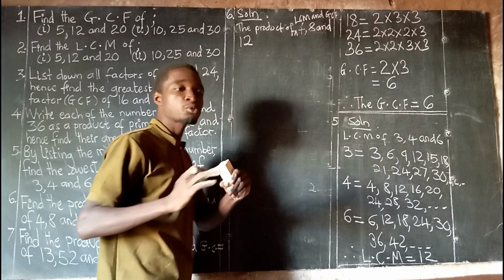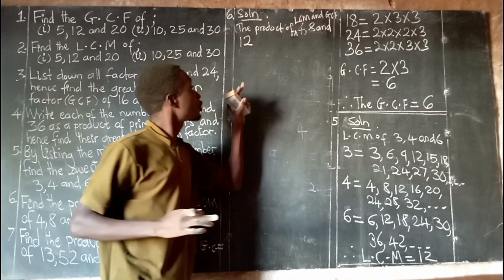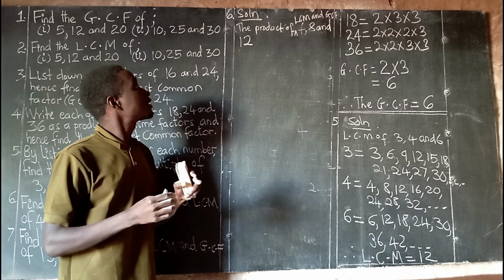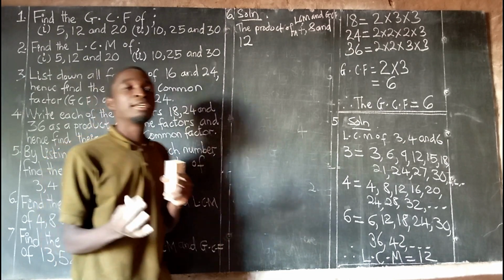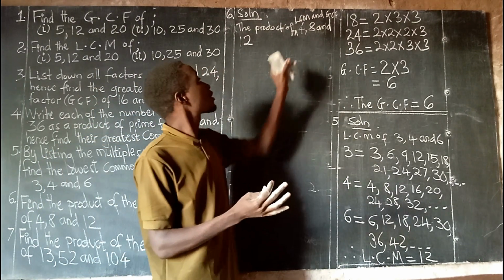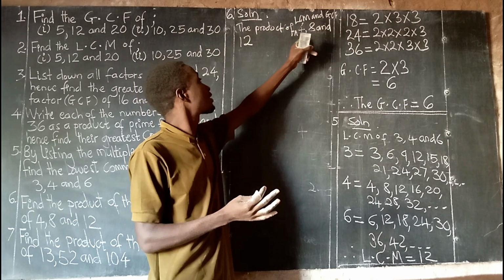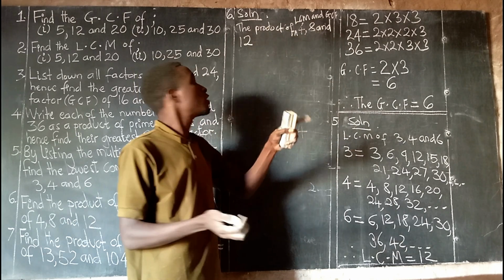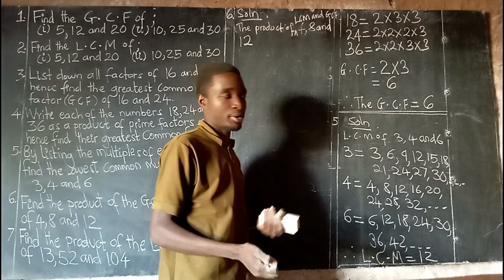It means that in this question, you are told to find the LCM and the GCF of these 3 numbers. After obtaining each value, you have to multiply so as to get the product.